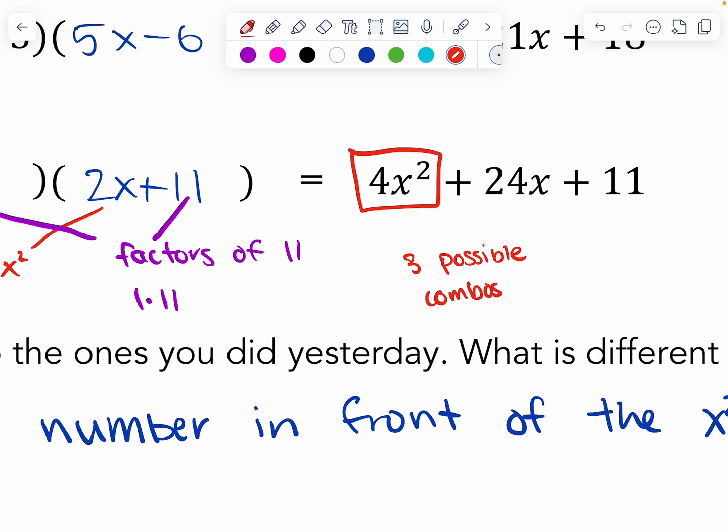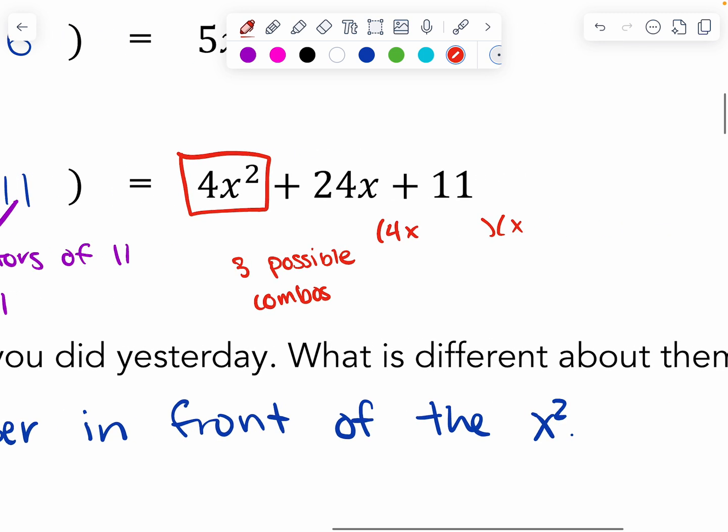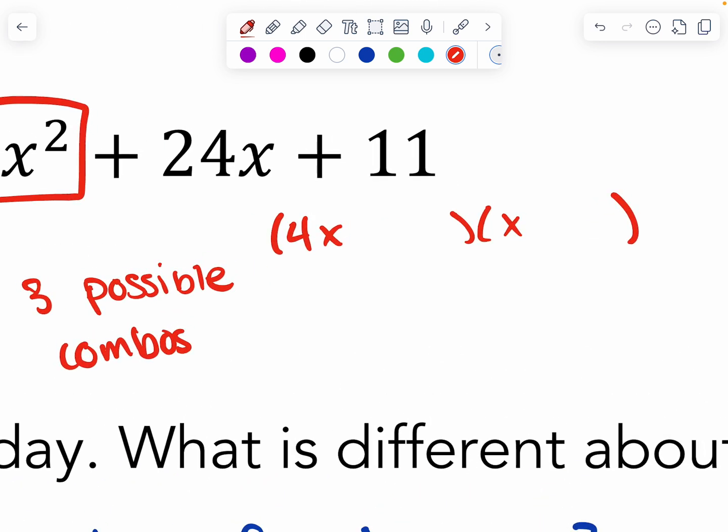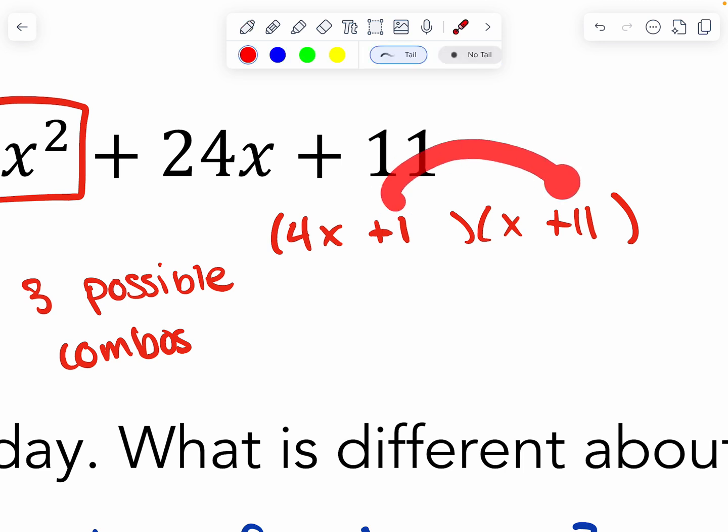What do I mean by that? Well, your first case, you said, okay, there's a 4x and there's an x. And then we know the other factors are 1 and 11. So this is one combo. But what you could do is switch 1 and 11.